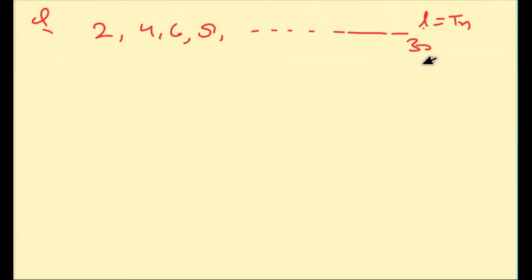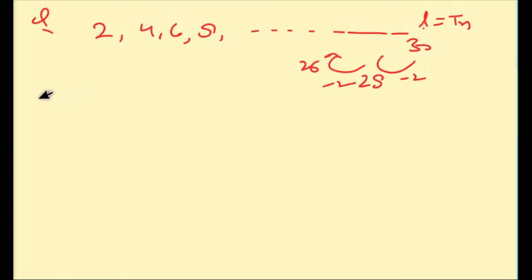L minus 2 means 30 minus 2, that is 28. Again subtracting 2, we get 26. This way we can find the first term, second term, third term from the last.